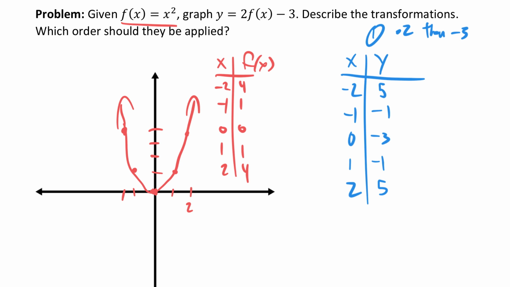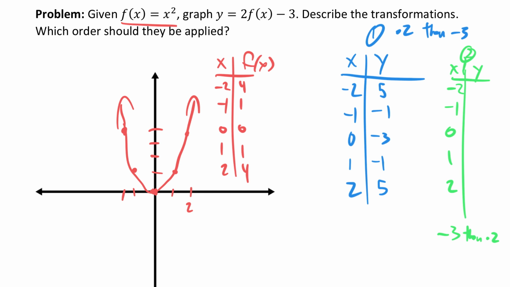What about option 2? Maybe I'll put that over here. Option 2 would be, again, to keep the x values the same. But in this case, for the y values, we're going to subtract 3 and then multiply by 2.